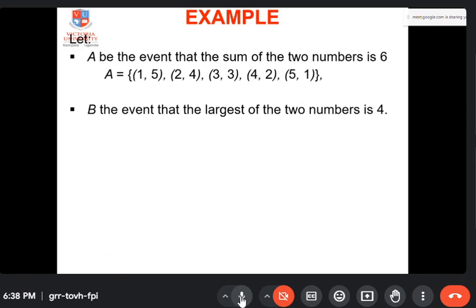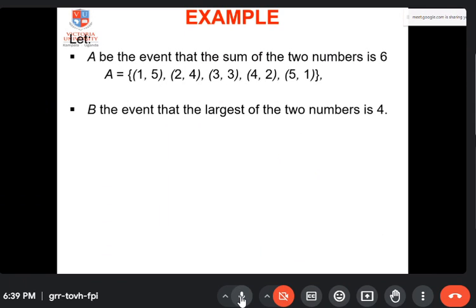4-1, 4-2, 4-2 was already mentioned. 4-3, and maybe 4-4. I think there is another one. I think you forgot a 1-4.